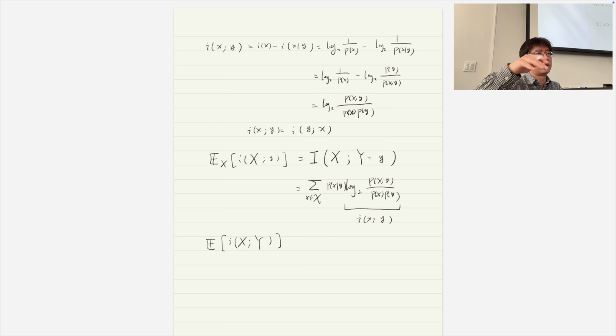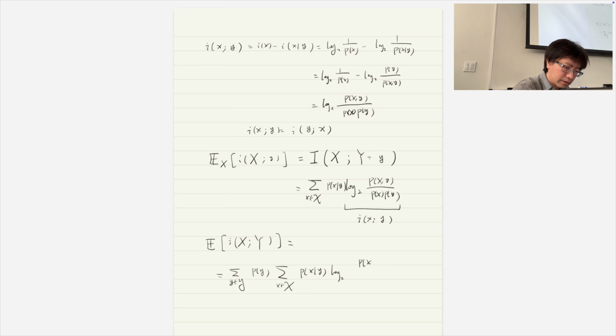We consider both of them random variables. Then what we can get is as follows. Let's write it here: this guy equals the sum over y of P(y), and then we have whatever we got before, P(x given y) times log of this.